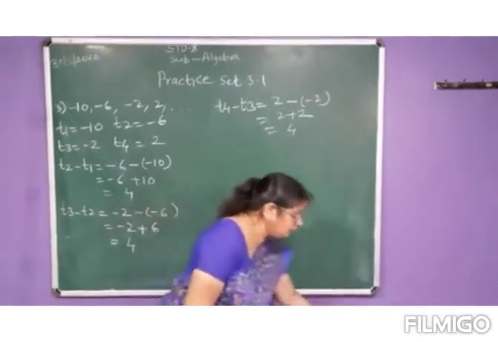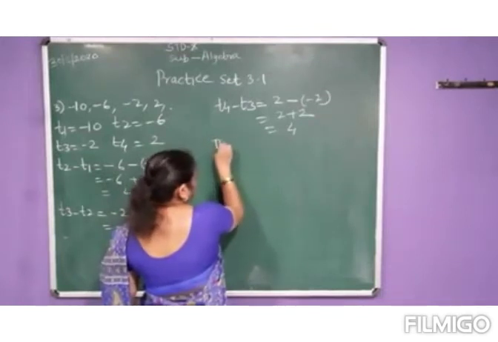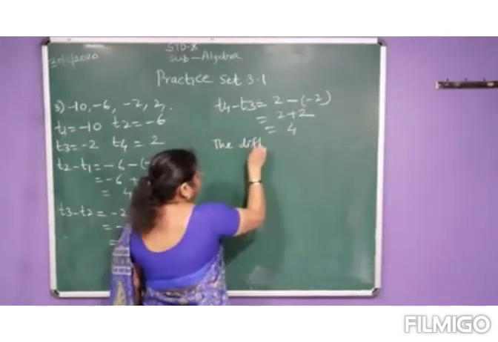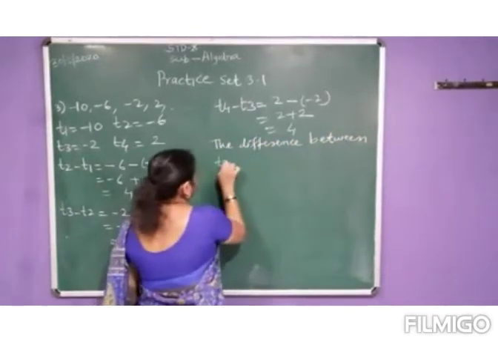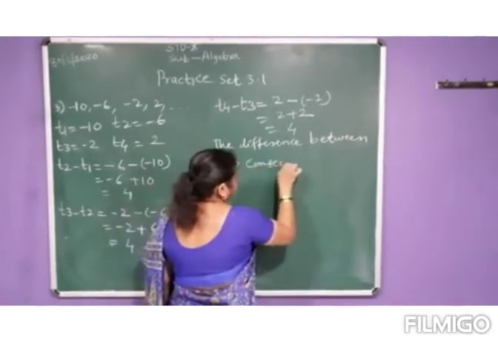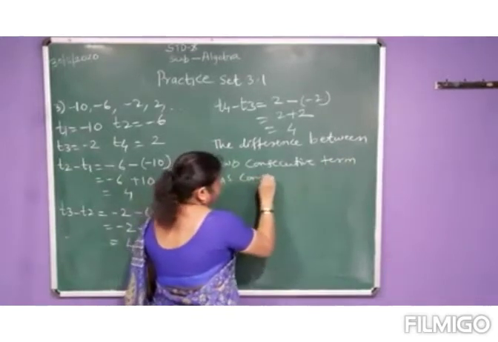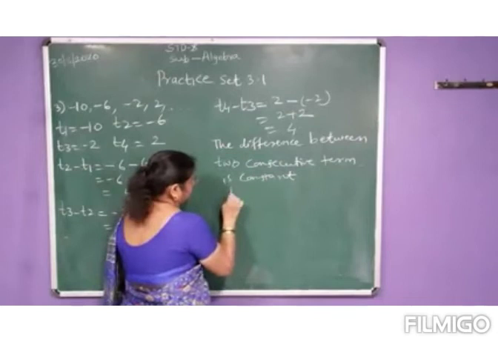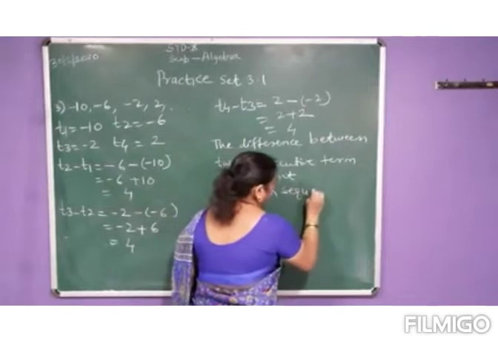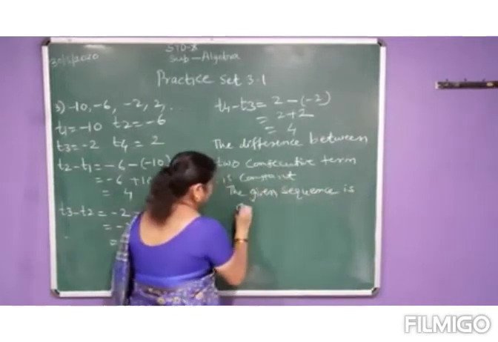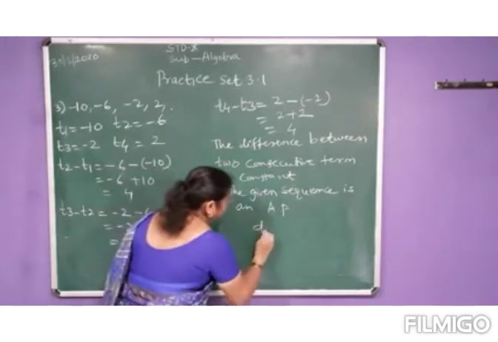So again here what you have observed is the difference between two consecutive terms is constant. Therefore the given sequence is an AP. And here what we have to write down, the common difference D is equal to 4.